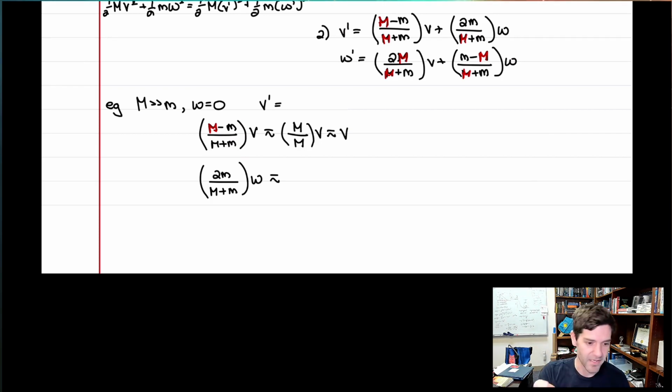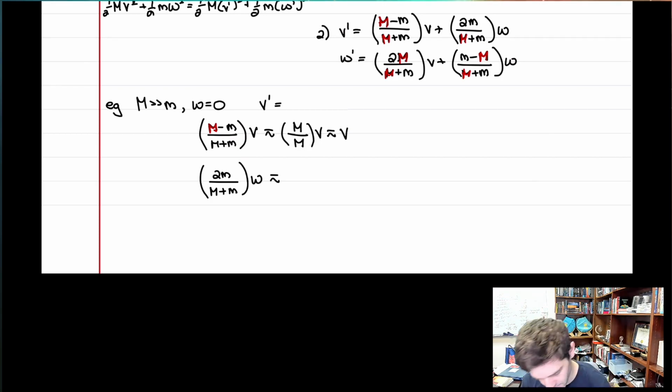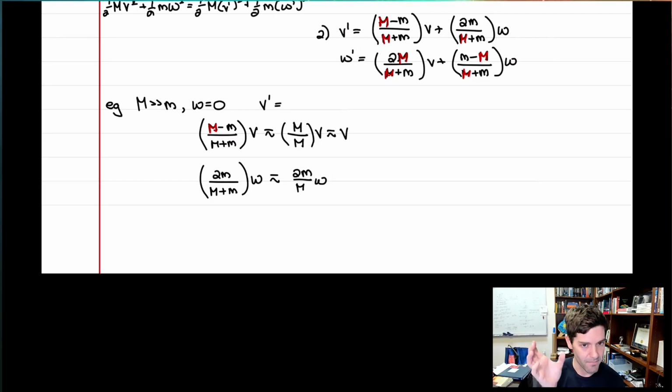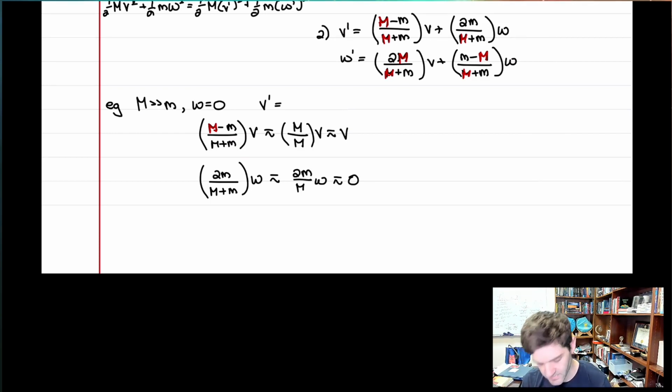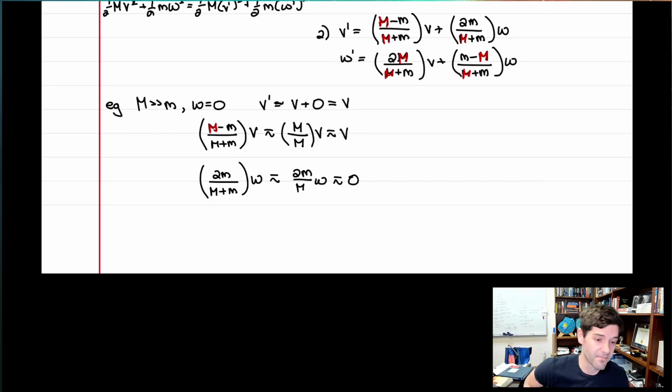But the denominator, the sum of the two, is approximately big M. Big M is enormous, so the denominator is enormous compared to the numerator, and this is going to be very, very small, approximately 0. So the bowling ball's velocity is approximately unchanged at the end of the day. The bowling ball's velocity does not really change.